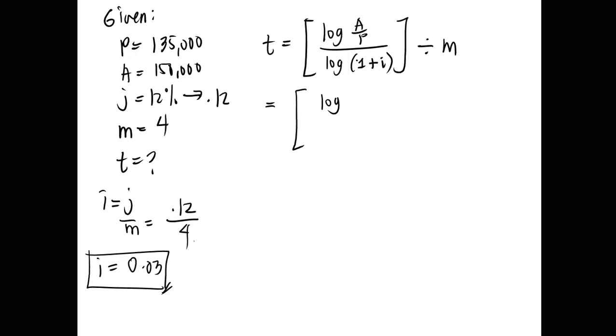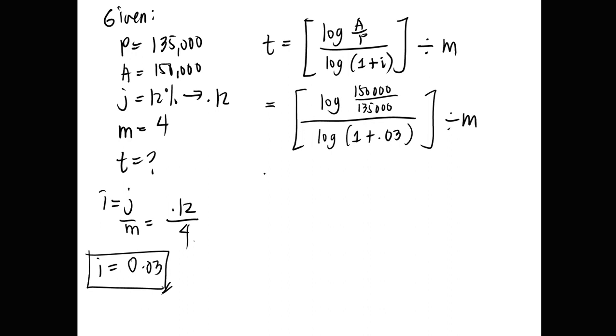Okay, so now kompleto na tayo sa given, then let's substitute. So we have a log of our A is 150,000. Our P is 135,000. Divide by log of 1 plus our I, which is 0.03. And then divide it by M. So ano po muna ang uunahin natin? Uunahin po natin yung numerator na A divide by P. So 150,000 divide by 135,000.